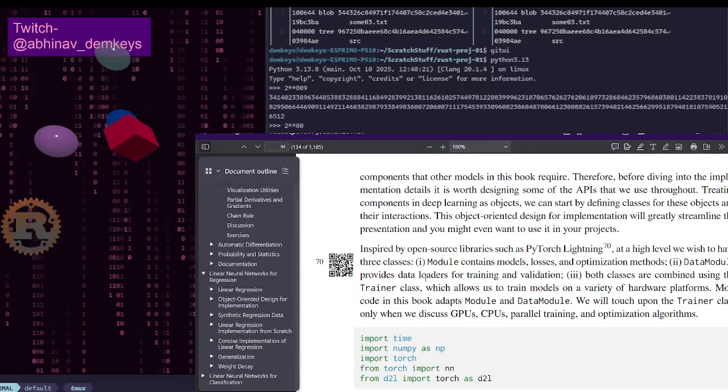One, module contains models, losses, and optimization. Because I'm trying to figure out if this was written before the PyTorch API became what it is today.